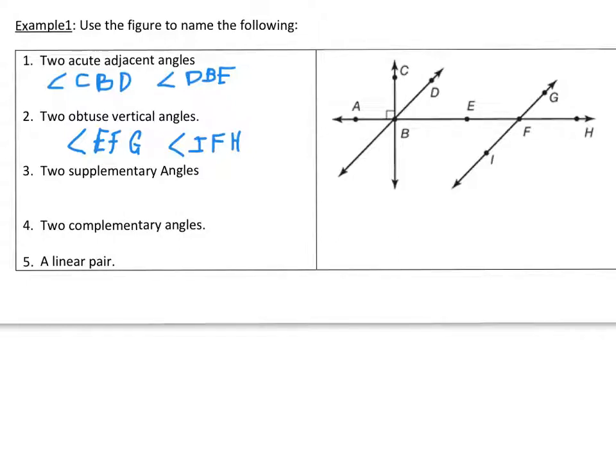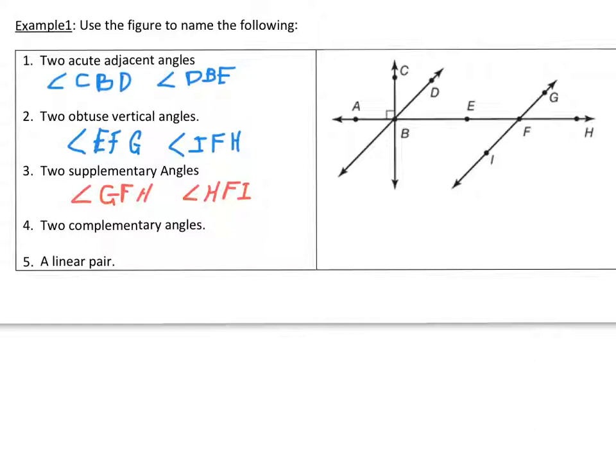I just need two angles that are going to come up to 180 degrees. So I'm going to go with angle GFH, G, F, and H are my points, and then angle HFI.